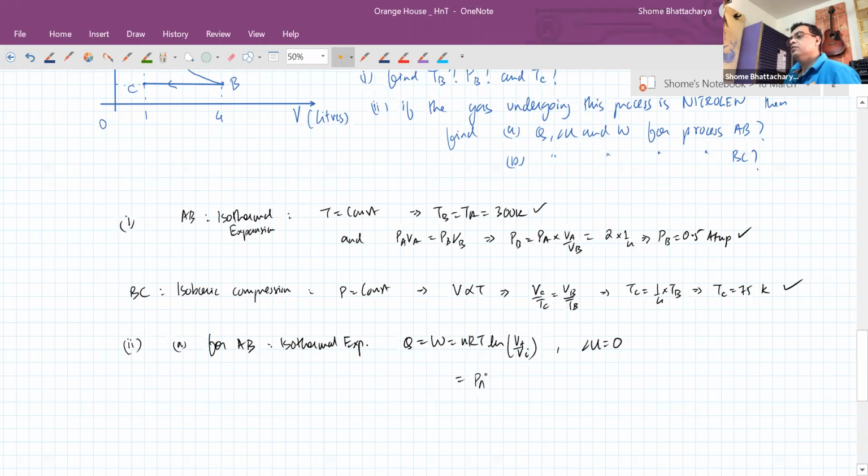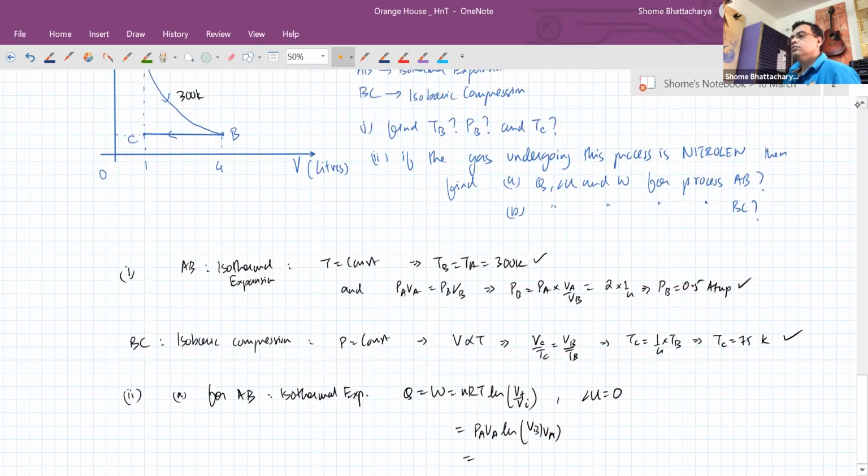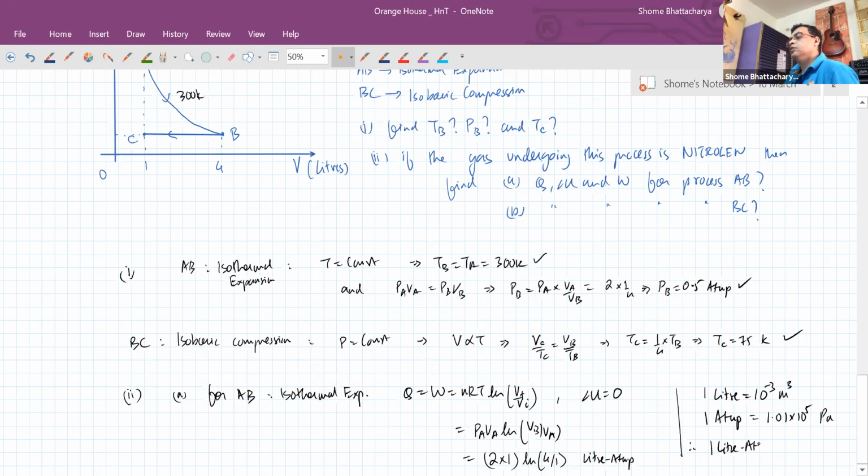So that is converting liter atmosphere to SI unit.